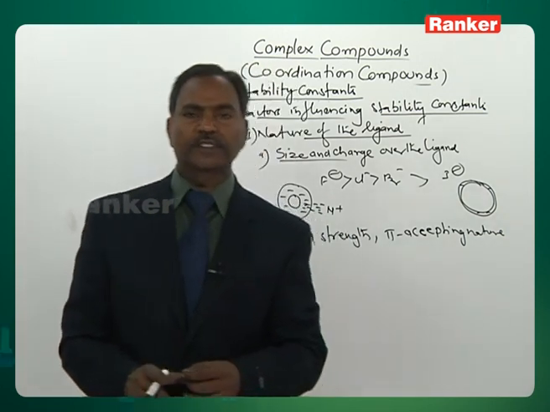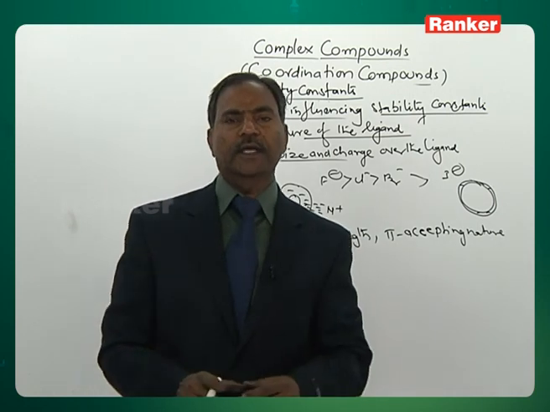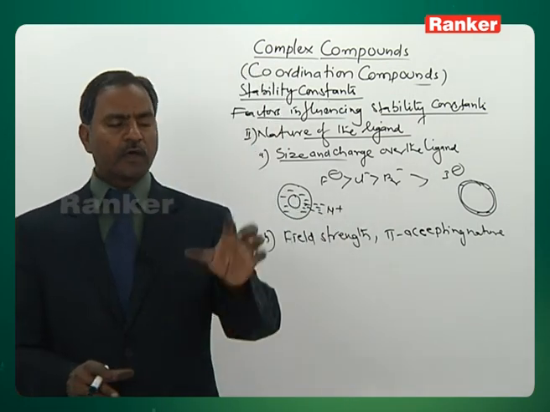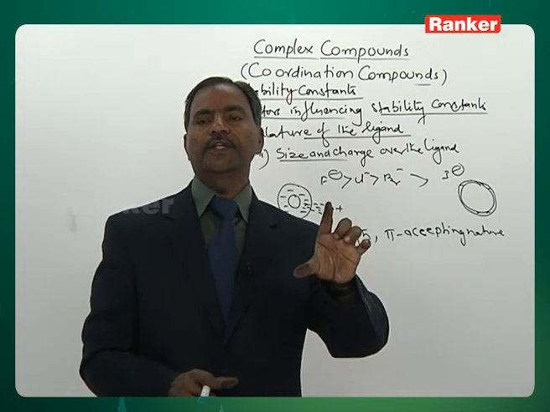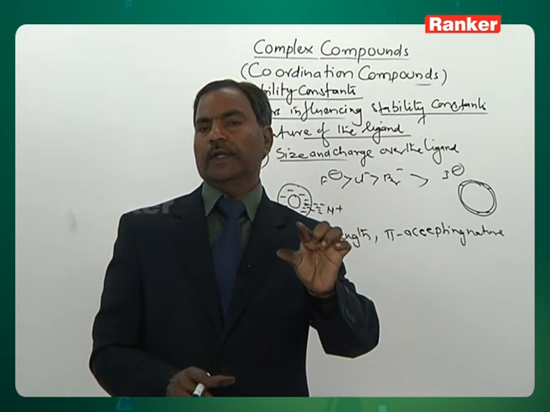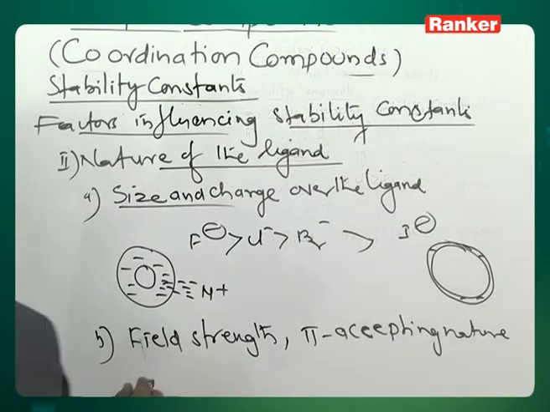Greater crystal field stabilization energy, that particular complex is found to be more stable. Once d orbital splitting is more, that results in a highly stable complex. When d orbital splitting is less, that gives rise to a less stable complex.